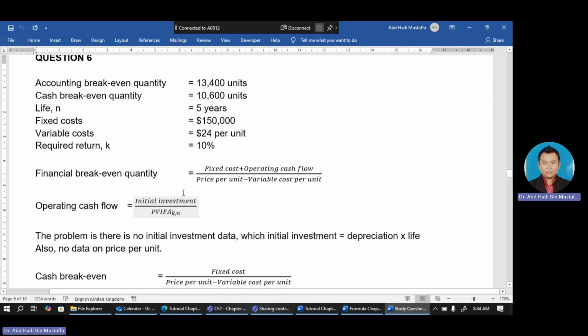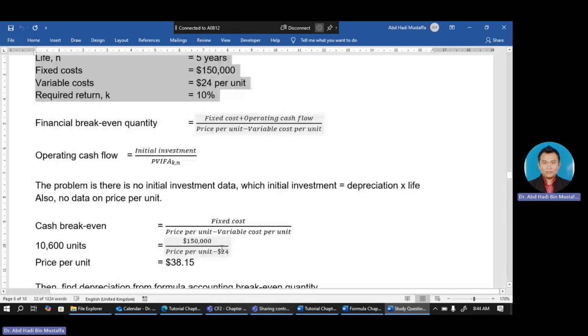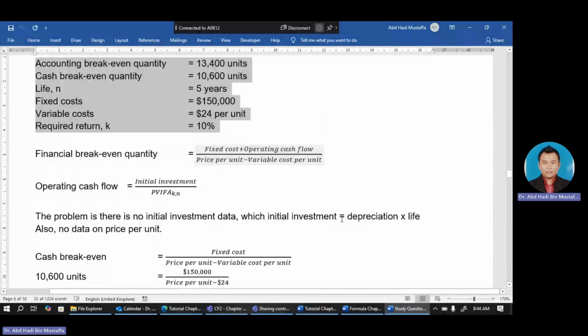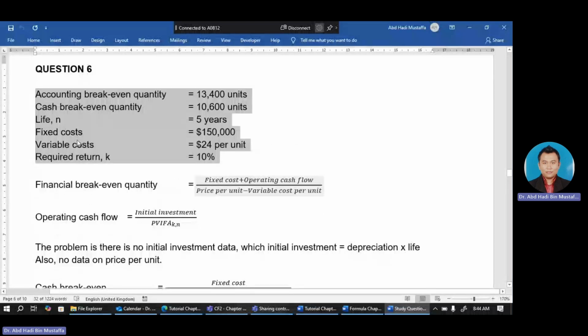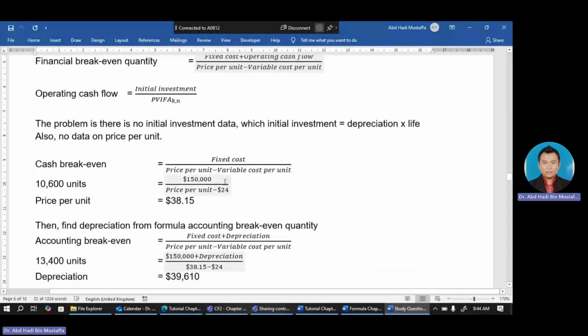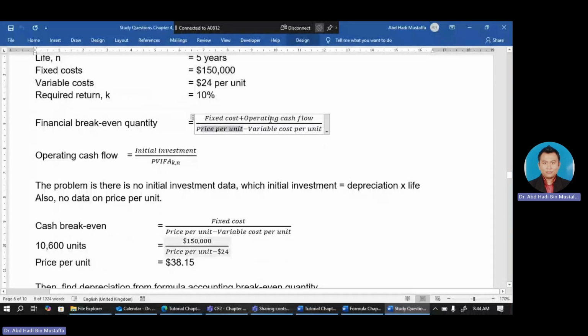Initial investment is depreciation multiplied by life, but depreciation is not given either. So you have to calculate from the bottom up. Another alternative is to find price per unit first, since there is no OCF.